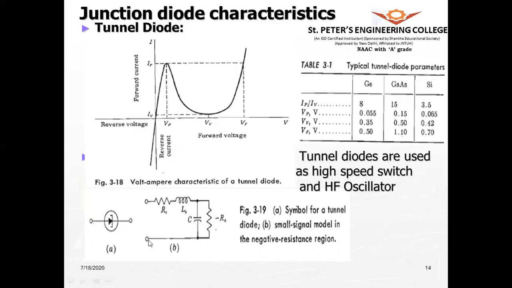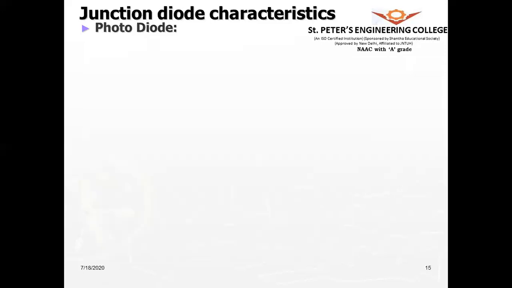And the small signal equivalent model in the negative resistance region is shown here. It is basically an RLC circuit, some sort of resonance circuit.